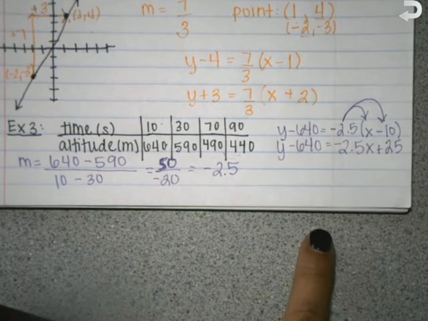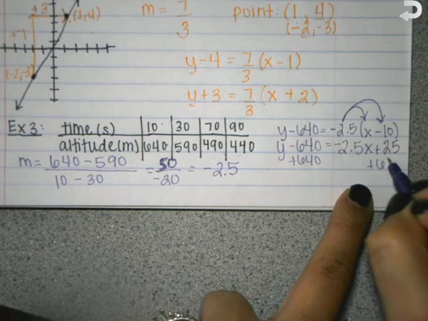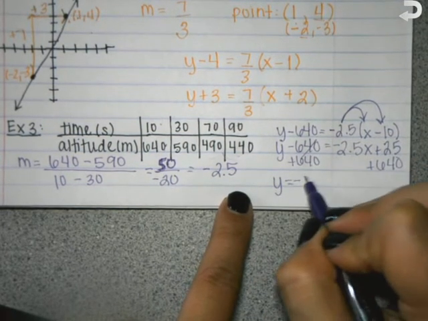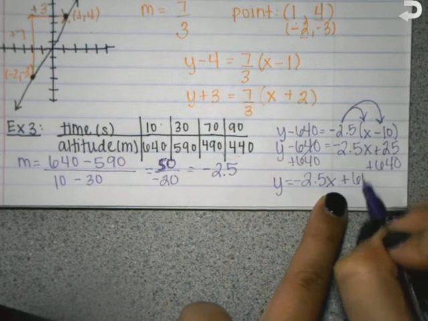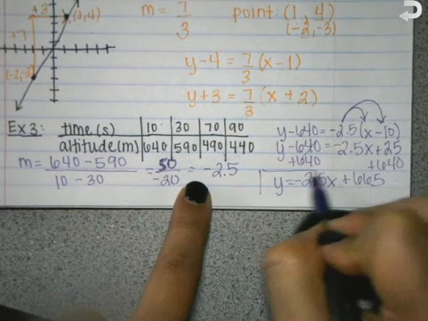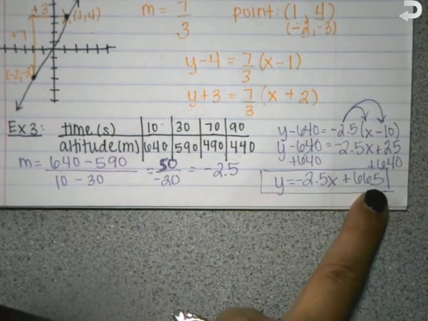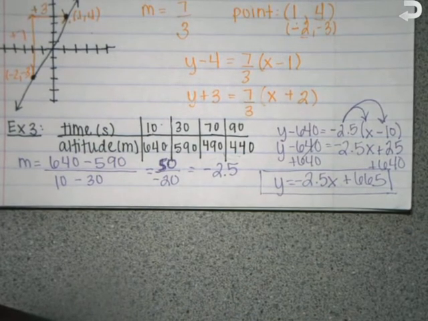Add 640 to both sides. So we can write it as y equals negative 2.5x plus 665. So the plane started at an altitude of 665, that's the initial value, and then it's descending at negative 2.5. Okay?